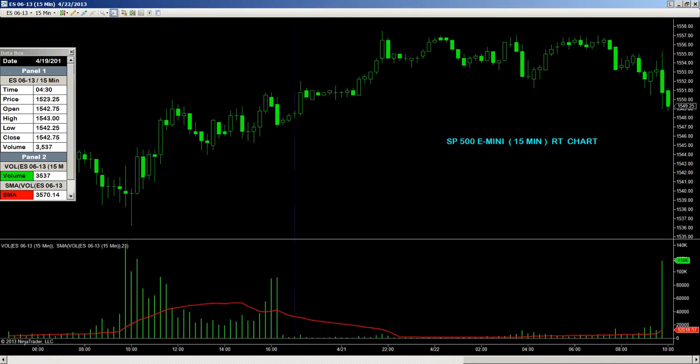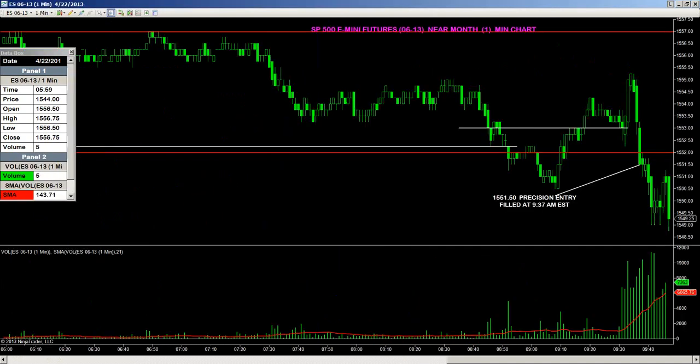Managing the trade to the downside. Let's get right back to the 1-minute chart in case that's it. 1548.50, 30 contracts, almost there. And let's see how prices react at this level.